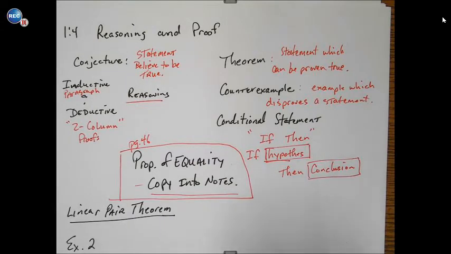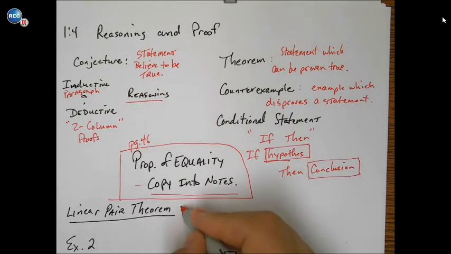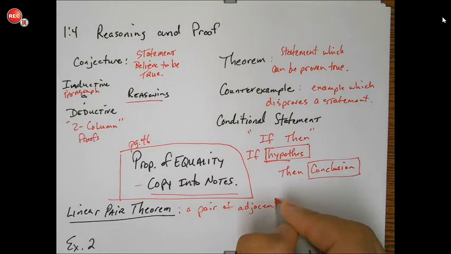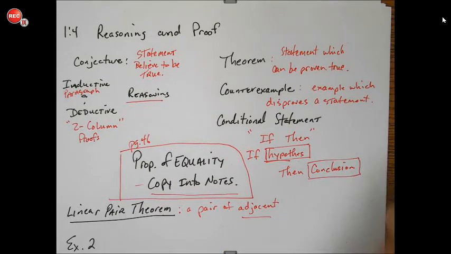Let's take a look at the idea of the linear pair theorem, which is on the top of the next page, page 48. A linear pair is a pair of adjacent. Now that's important. We know what that word means.